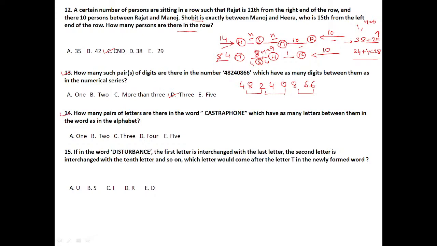Question number 14 now. How many pairs of letters are there in the word castraphone which have as many letters between them in the word as in the alphabet? Whenever this kind of word is given to you, simply write the place values and then check how many pairs there could be.